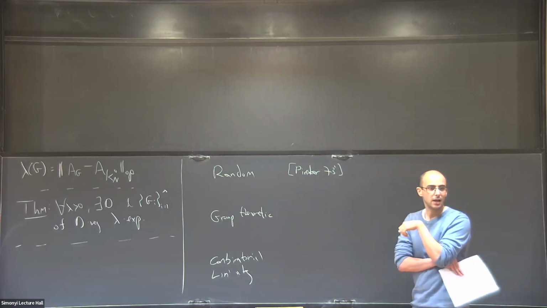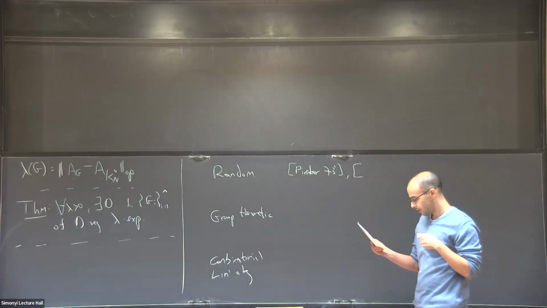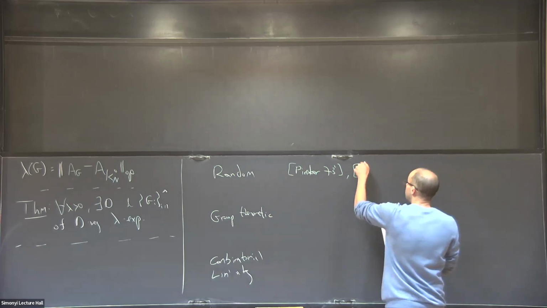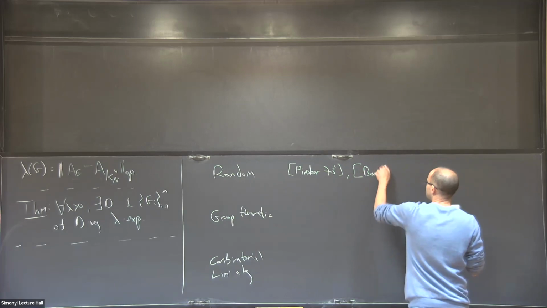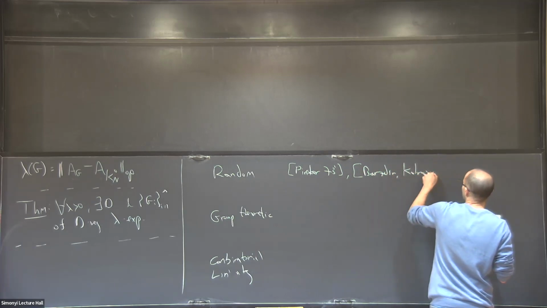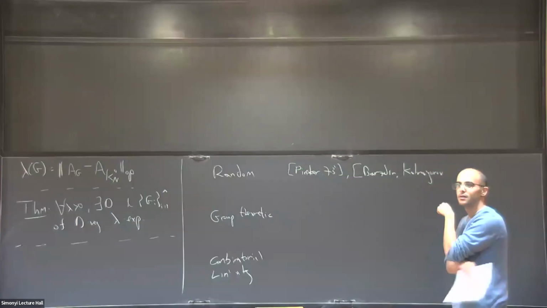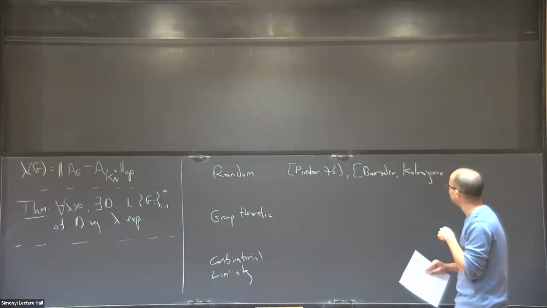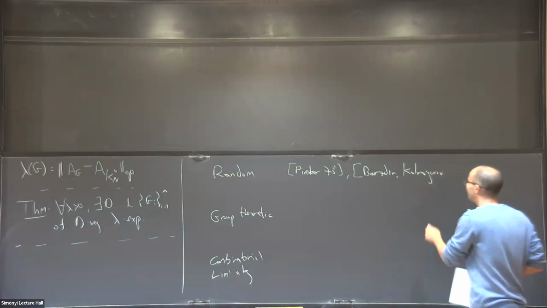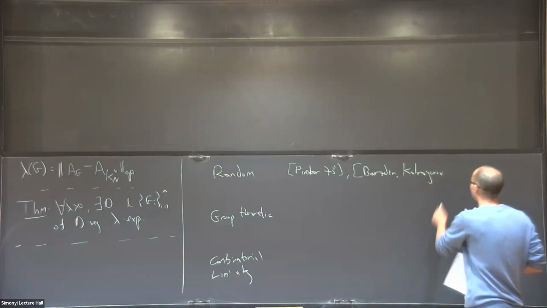And in fact, Alex Lubotsky told me that even in the 60s, there is some work by Barzdin and Kolmogorov. I'll give you the history later. Allow me to write him because you like combinatorics, that's fine.